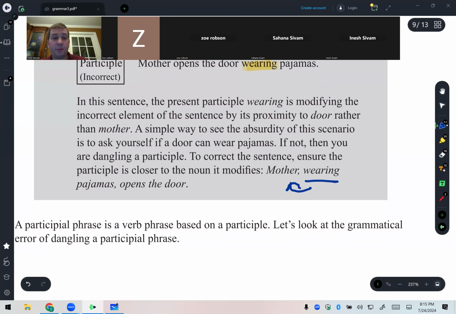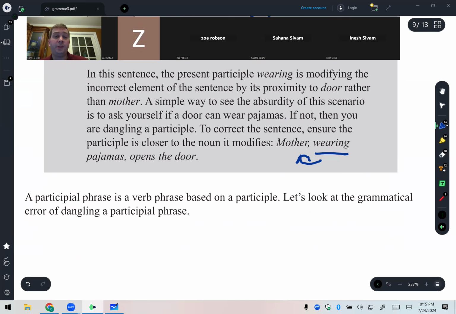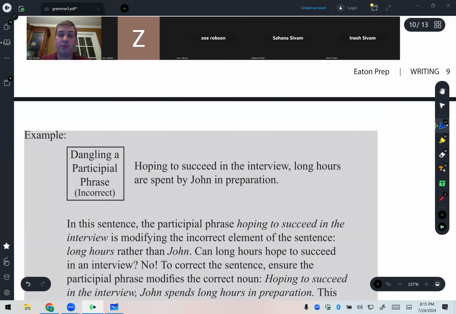So that's a dangling participle, but you can dangle a whole participial phrase. So I could take a participle and I could just add some words to it to make a phrase, but you could dangle that, you could modify the wrong word with your dangling participial phrase. So here's the participle. Hoping to succeed in the interview, long hours are spent by John in preparation.